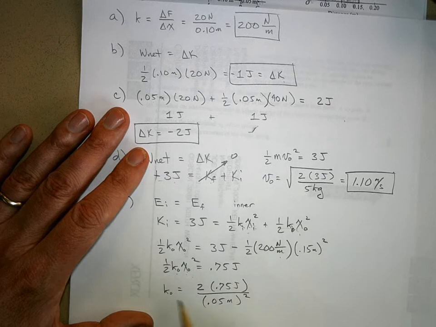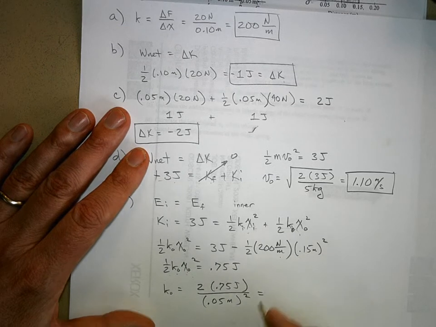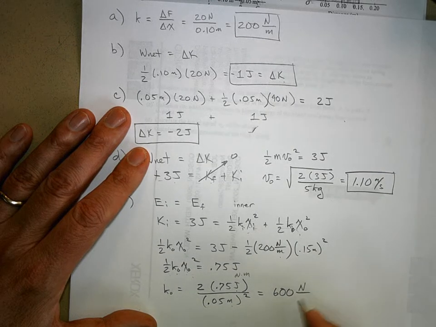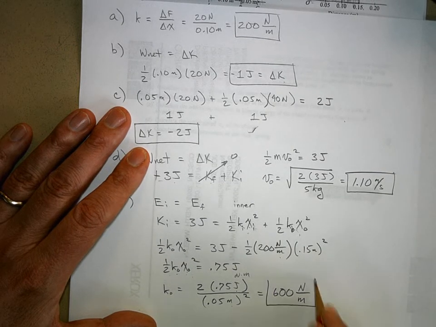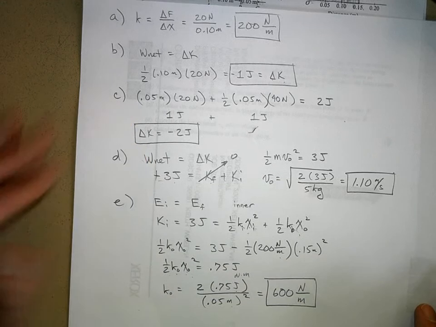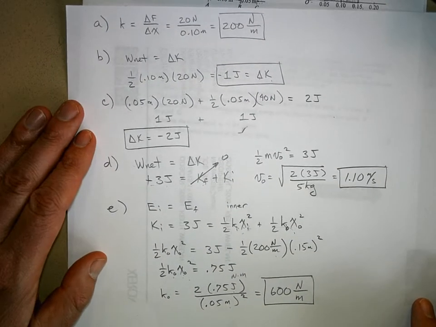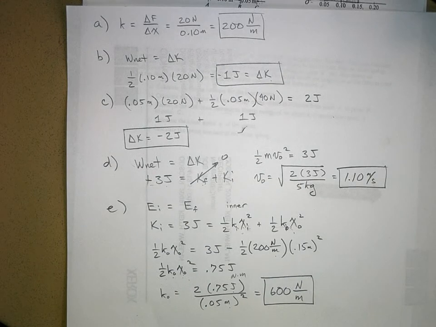When you do that, you get 600, and the units turn out to be, well, a joule is a newton meter. This is a meter squared, so a meter cancels the meter squared, you get newtons per meter, as we should. And that's the whole problem right there. It stops at part E.